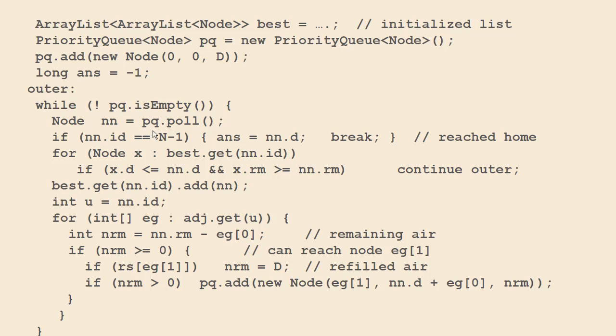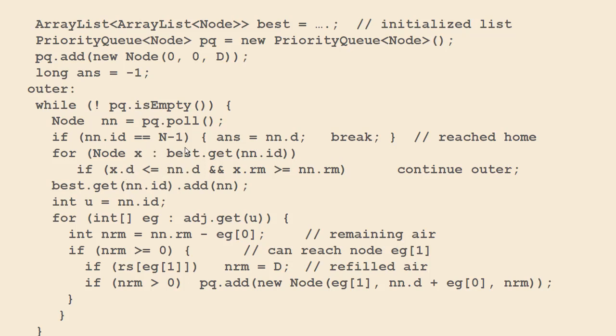If it's smaller, then we know we found a better solution. Otherwise, we will not process it. But here it's more difficult to just compare the distance, because in addition to distance, there's also how much air remains.